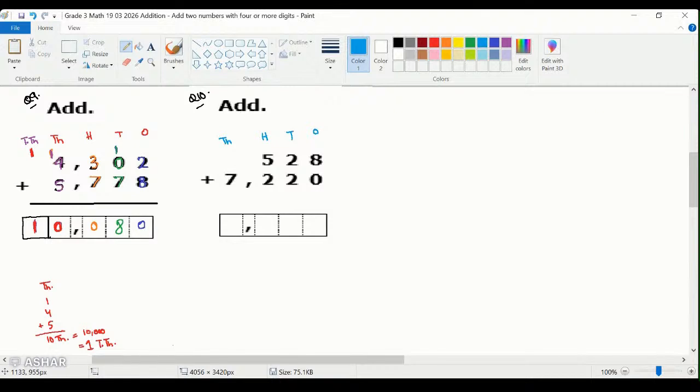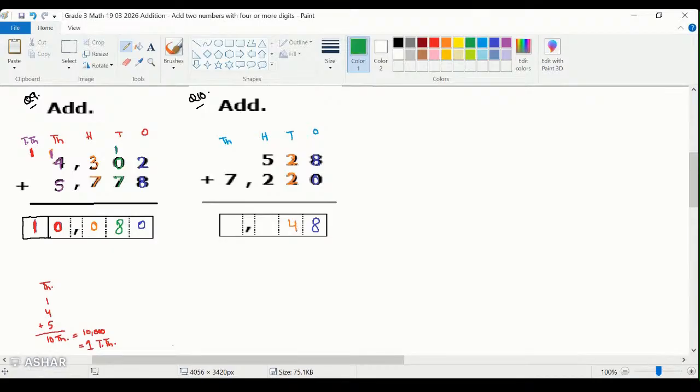So how can we add the ones? Thank you, Adayan. Precious. What should be 8 plus 0? When 0 is added, it stays the same. 8 plus 0 would stay as 8. 2 plus 2, sorry, tens. 2 plus 2 would be 4.